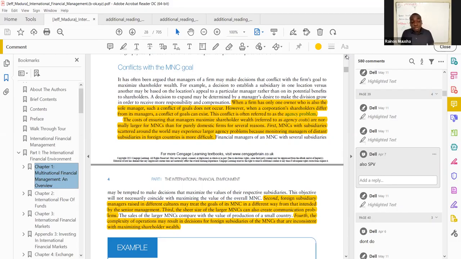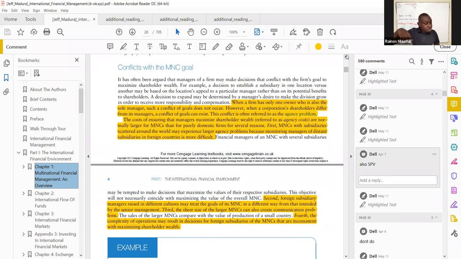So which means for a multinational corporation, you find a situation where a company like, let's say for example, MTN, has operations in South Africa, Botswana, Nigeria, Iran, operations across the world. So for a typical company like that, it means that the agency problem is likely to be high, mainly because you have different regional heads.